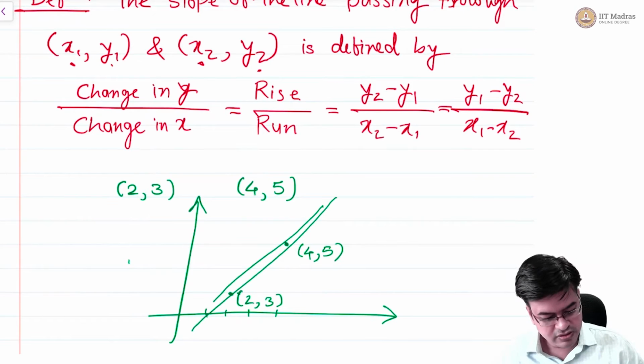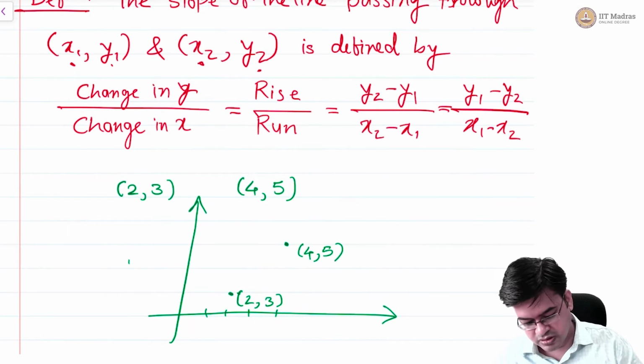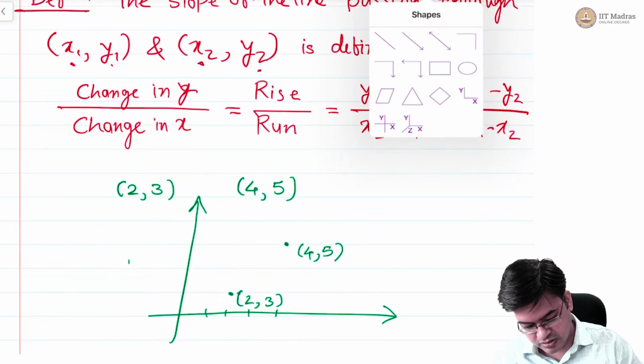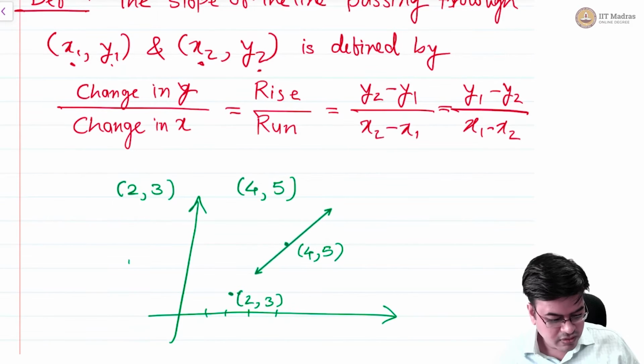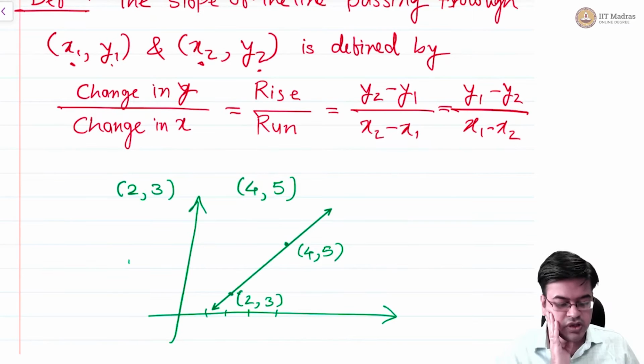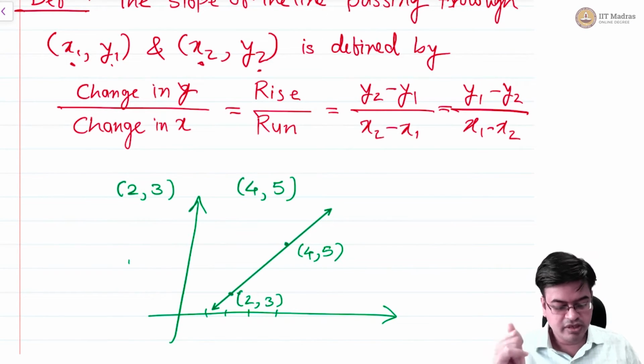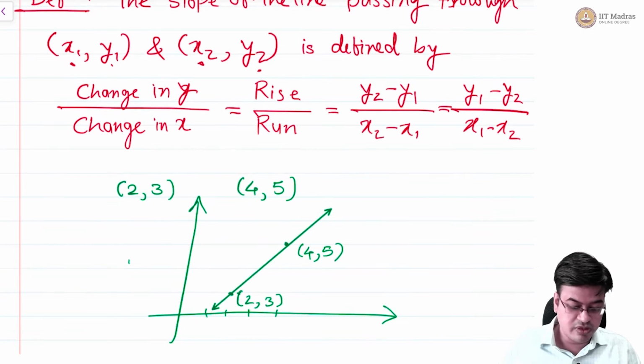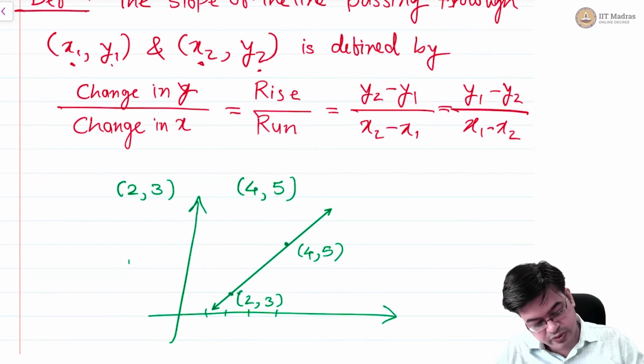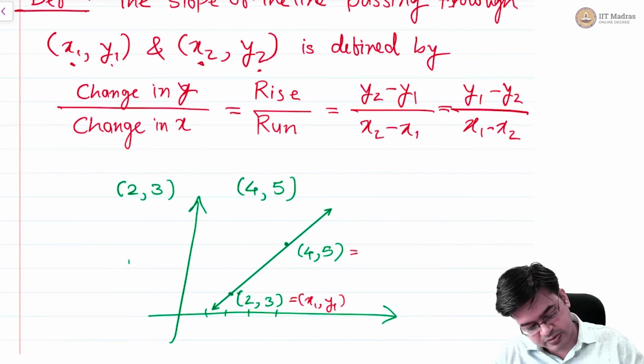Let me erase it. So this is a line passing through these 2 points, 2 comma 3 and 4 comma 5, and we have been assigned a task to determine the slope, and we want to apply this formula. Now it doesn't matter which point you assign to x1 y1 or x2 y2. Let us say in red I have assigned this point as x1 y1 and this point as x2 y2.